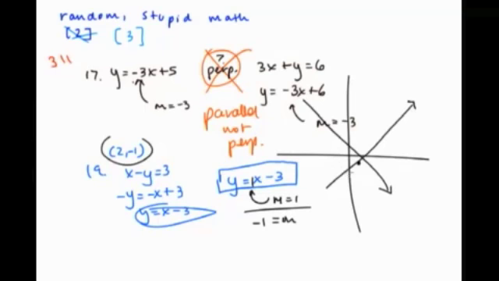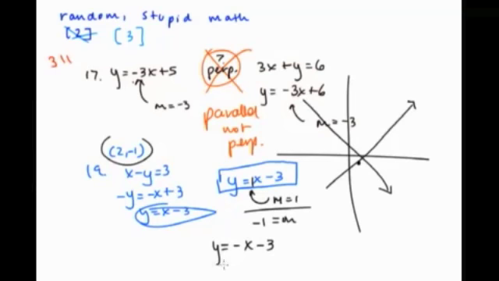And what is that going to be? Well, we're gonna have to plug that in, aren't we? So y equals negative x minus 3, right? That's just gonna be the inverse.